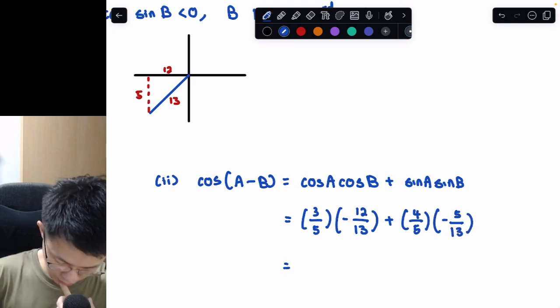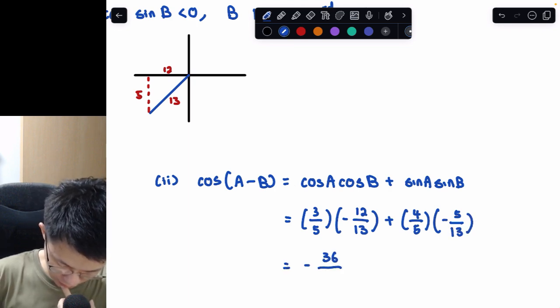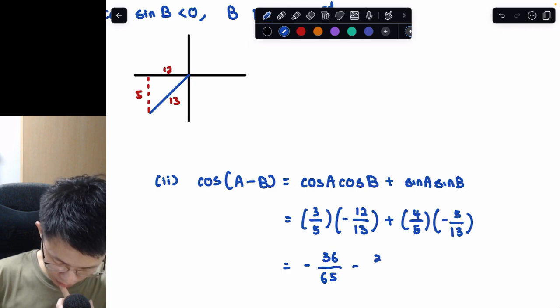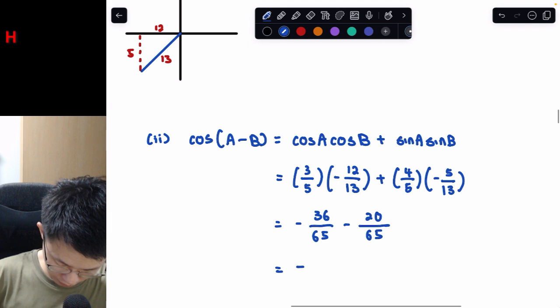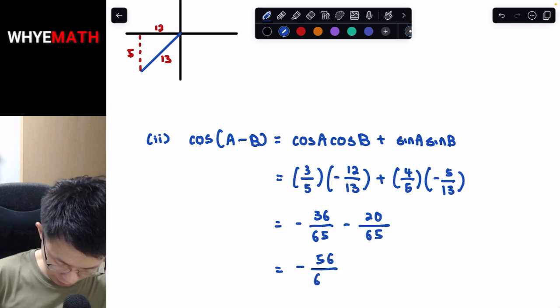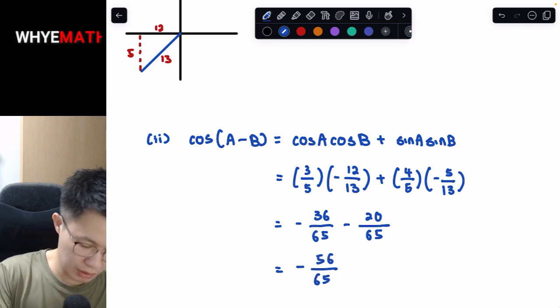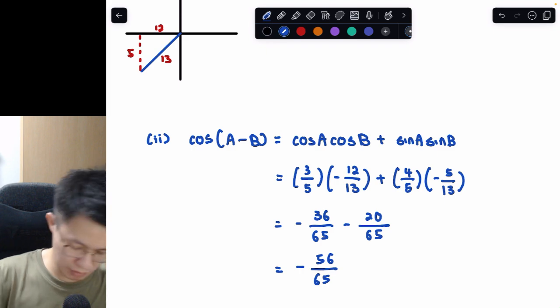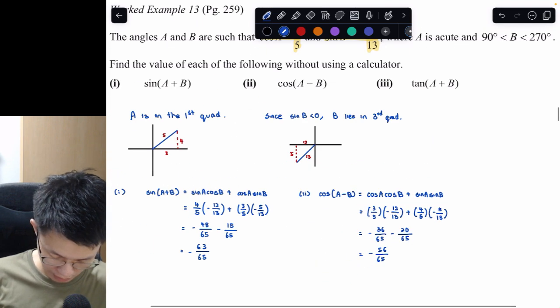So this will give you negative 36 over 65 plus negative 20 over 65, and this will give you negative 56 over 65. If you can reduce it, you reduce it, but in this case, this is the answer itself.